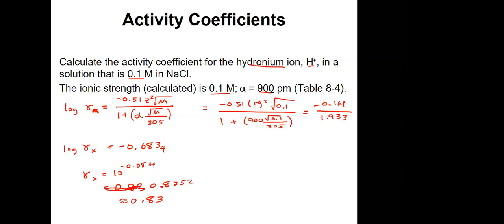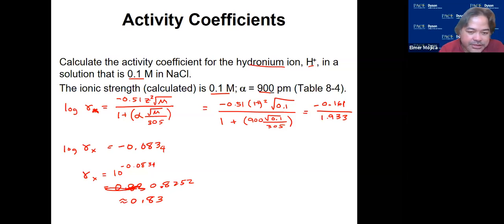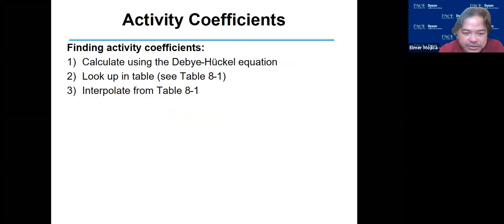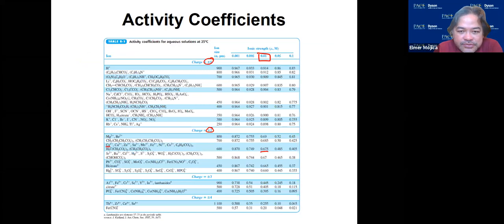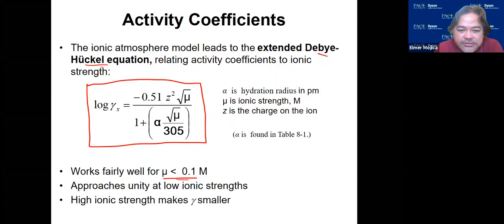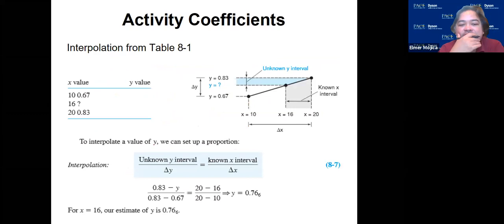Now the last one, I'm just going to show you right away because remember there are 3 ways to do it. One is looking up the table, which we did first, and then the one that we just did, which is the Debye-Huckel equation. The other one is just to interpolate from table 8-1. So what does it mean? Let's say you're given the X value.